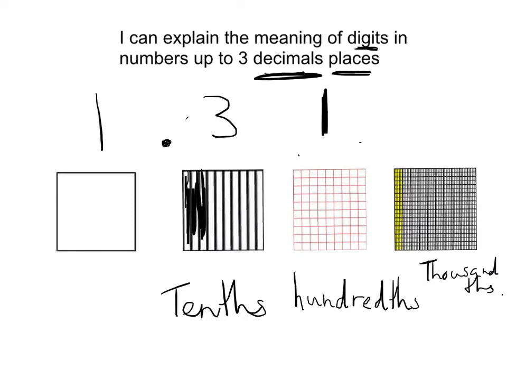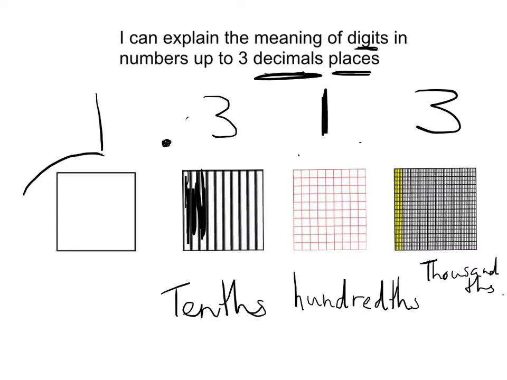So when we read a number like this, it is 1.313. What this actually means is there's one whole and 3 tenths, 1 little hundredth, and 3 of these little thousandths.